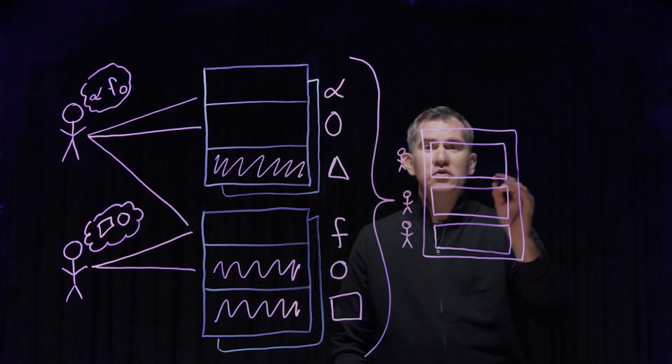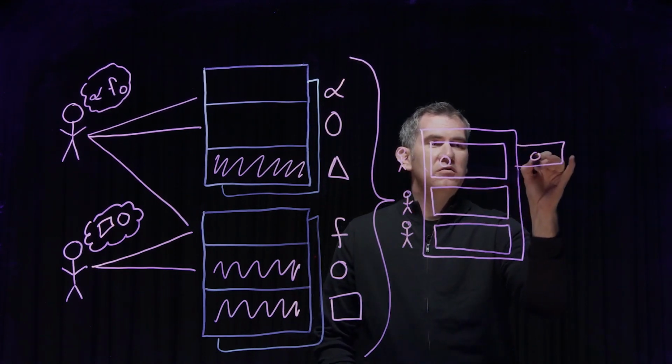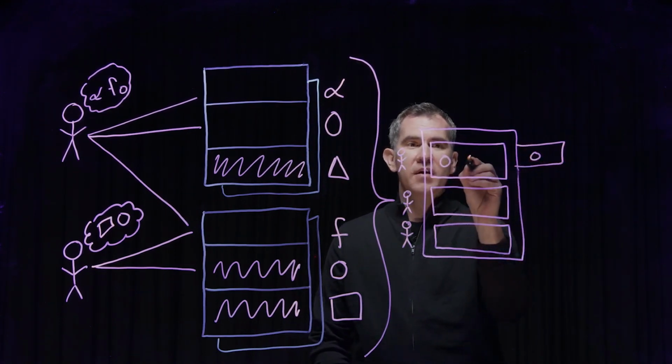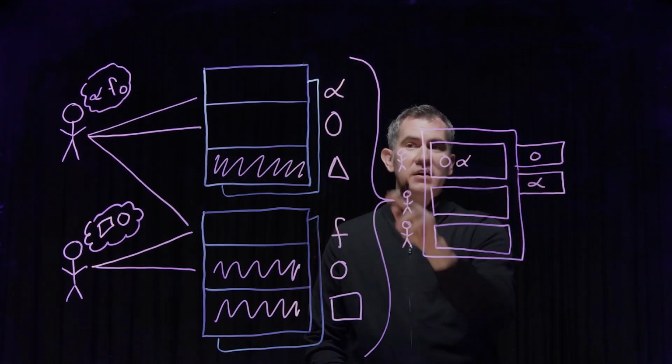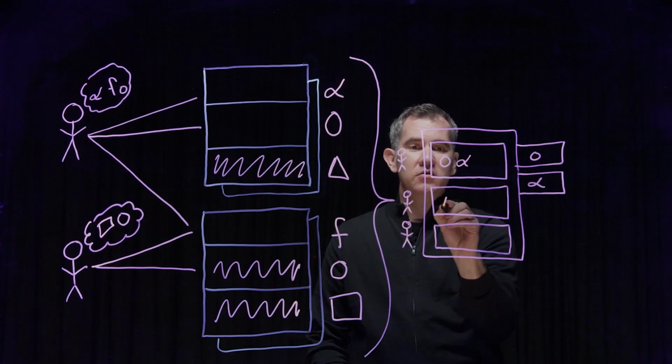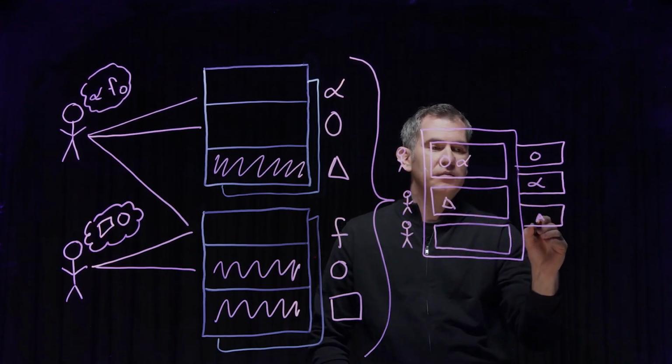And so as users need an app, let's say this user needs an app, we'll bring that application to this machine. And if they need another app, we'll bring that application to the machine and virtualize it in their session. And let's say another user needs a different app. We'll bring that application to the session.